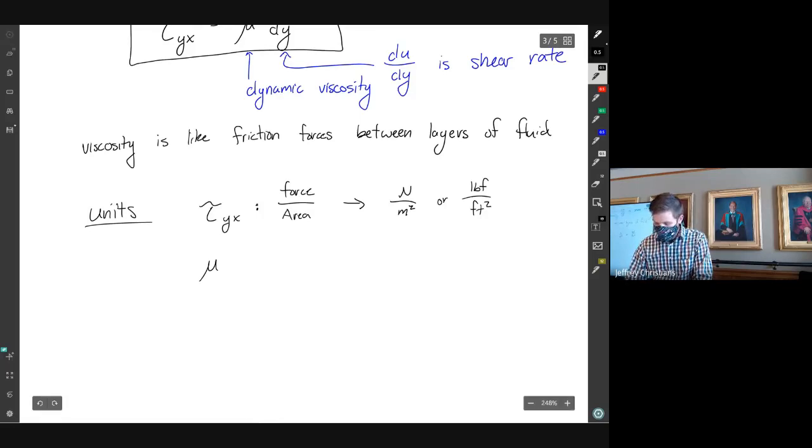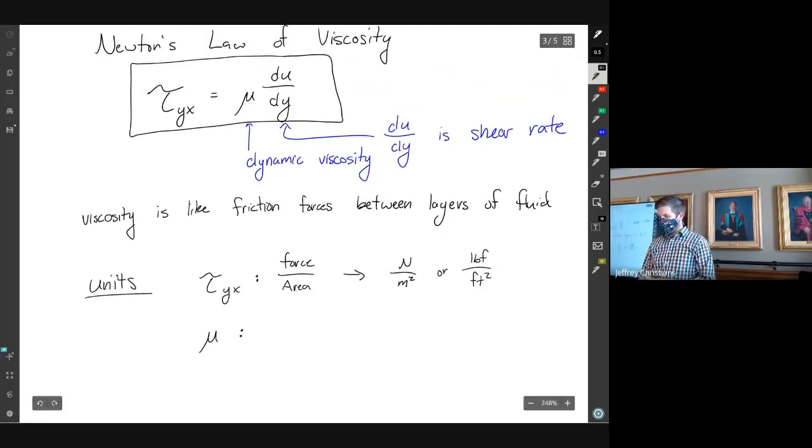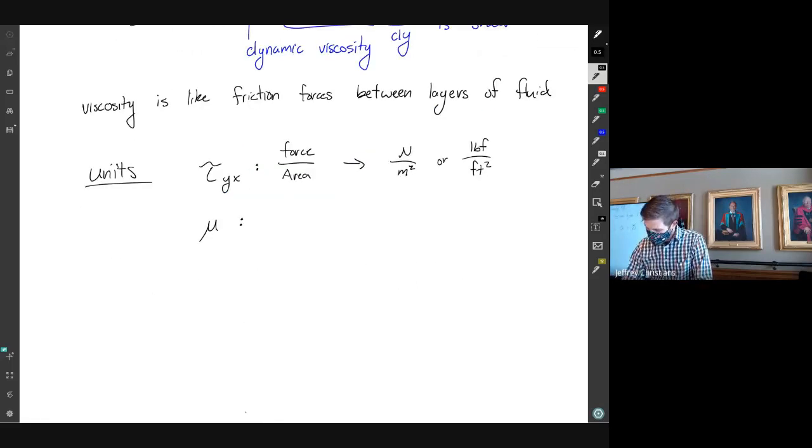Viscosity has units of, well, if we look back up at our equation, it's a little bit weird, but we have a viscosity times a slope of the velocity. And that has to give units of force per area, so we could go through and do the dimensional analysis. But it's going to be force times time over area.